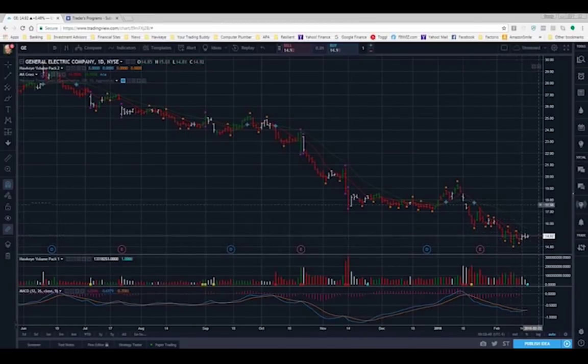And if we see that broken, if we see it starting to break our moving averages, or if we can see that our MACDs are pointing in that direction, that will give us an indication that we're starting to see some bullishness out of this. So this might be a value play on General Electric if you're looking at this as a huge beat down position. Getting General Electric under $15 used to be unheard of. So that's my take on General Electric.